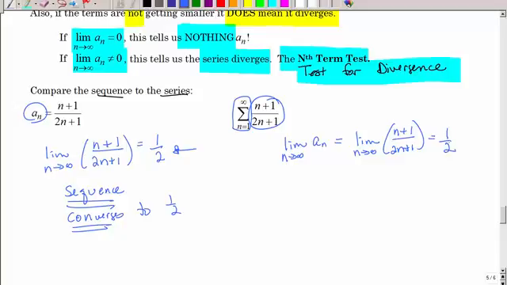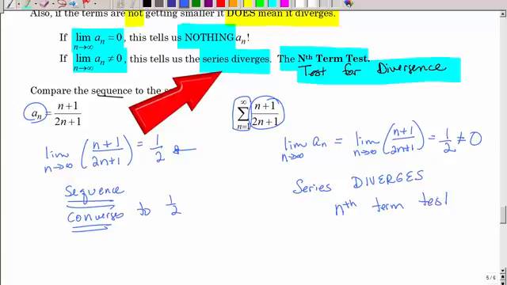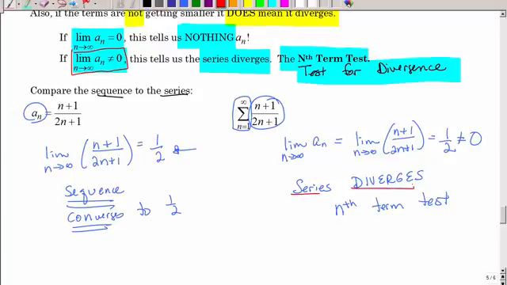Since that equals 1/2, which is not equal to 0, then we can say the series diverges. And that's because of the Nth Term Test. If the sequence does not have a limit of 0, then the series diverges. Be very, very careful.